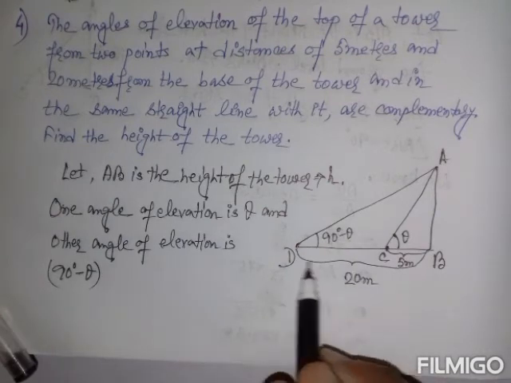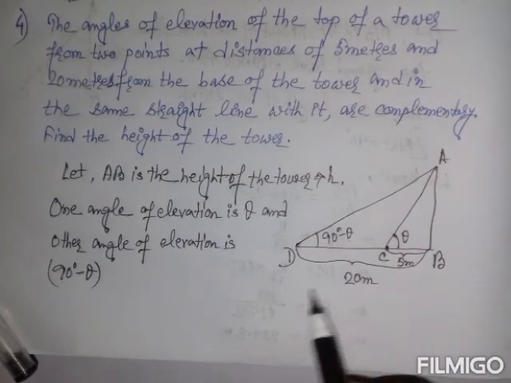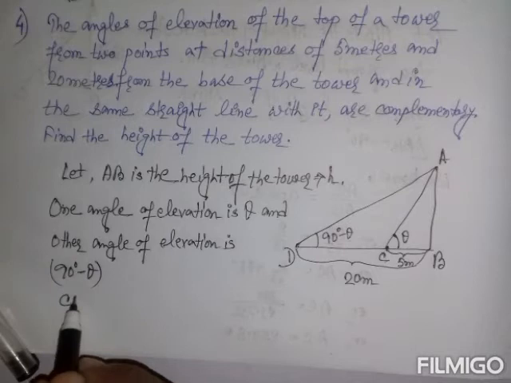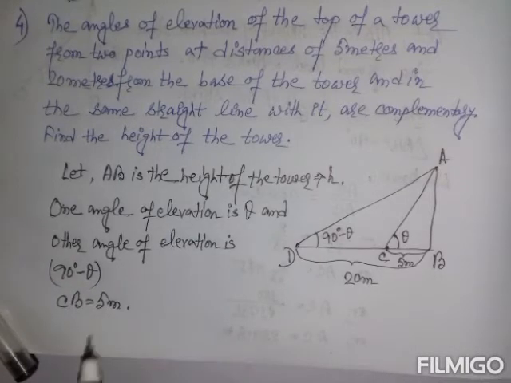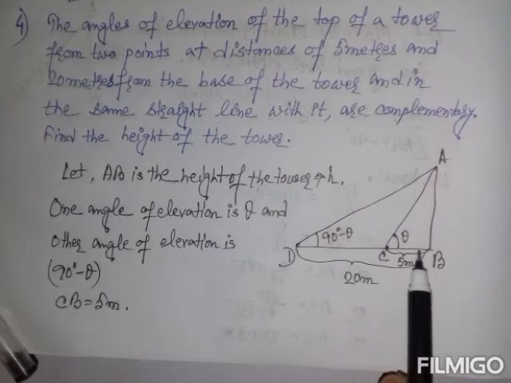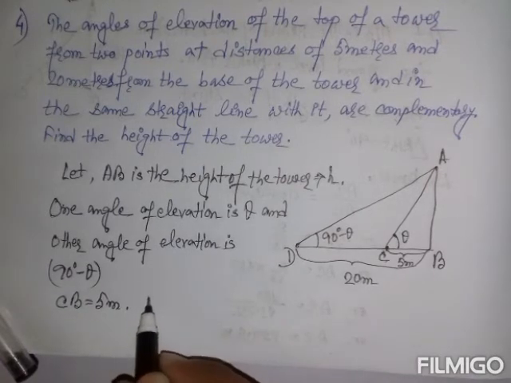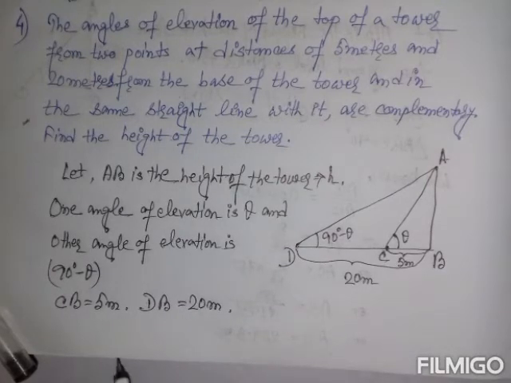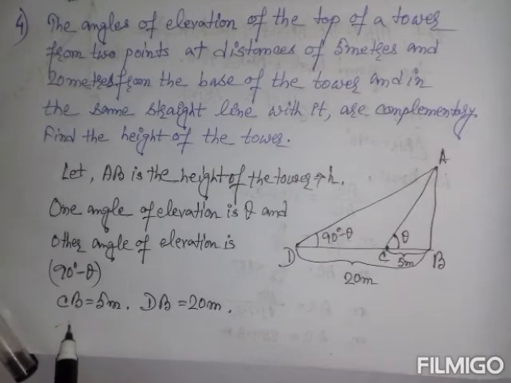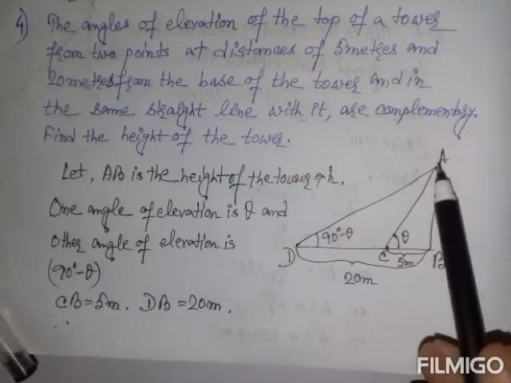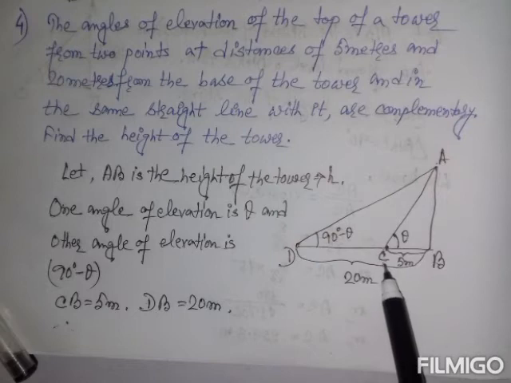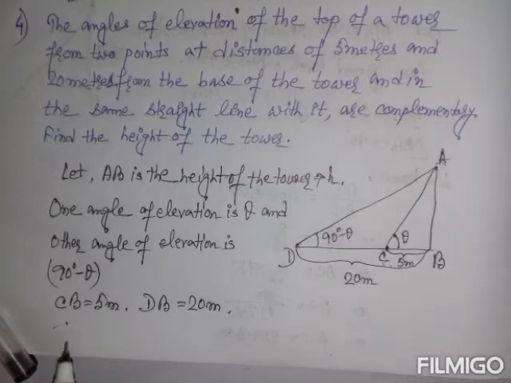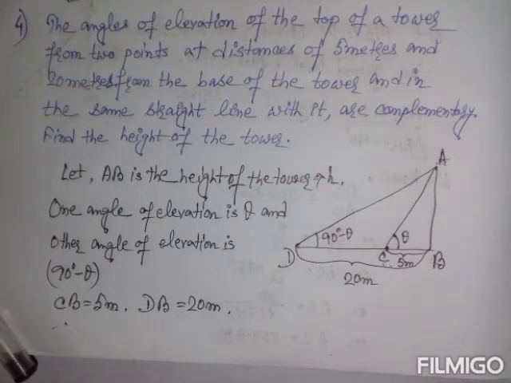Okay. Now CB is equal to 5 meter, distance from C to B, and DB is equal to 20 meter. Okay. Triangle ABC is a right angle triangle. Also ABD is a right angle triangle. Okay. Now we can start the sum.